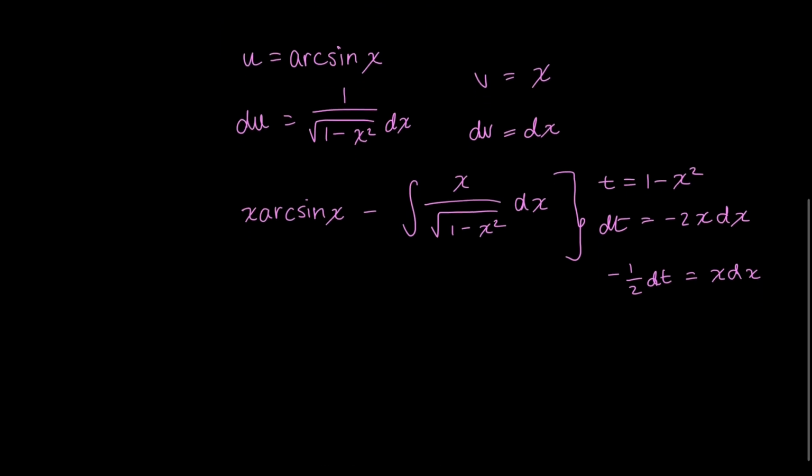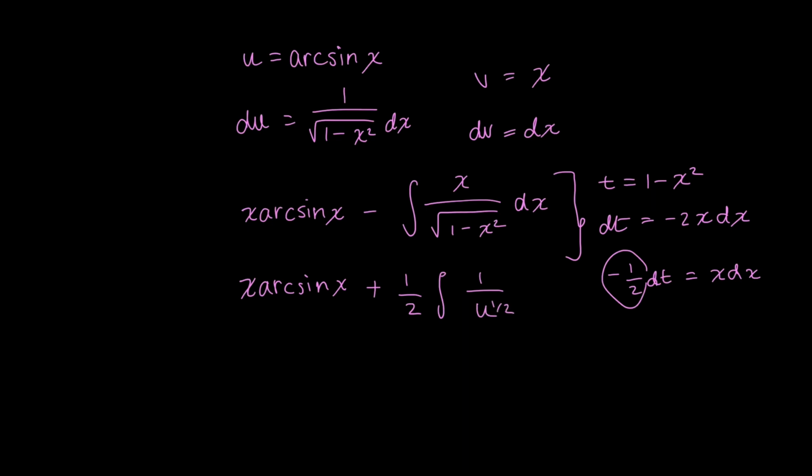Now I can rewrite my integral in terms of t, keeping that x arcsine x the same, nothing changes. I can pull out this constant so that this negative turns into a plus 1/2, the integral of 1 over t to the power of 1/2, or you could rewrite this as t to the power of negative 1/2 dt.